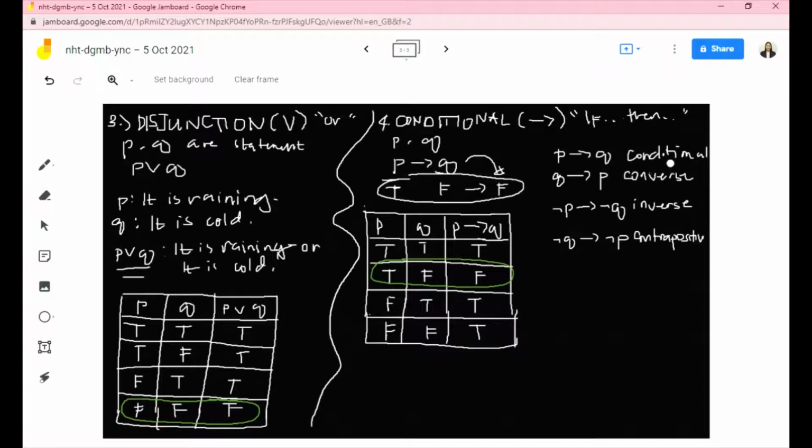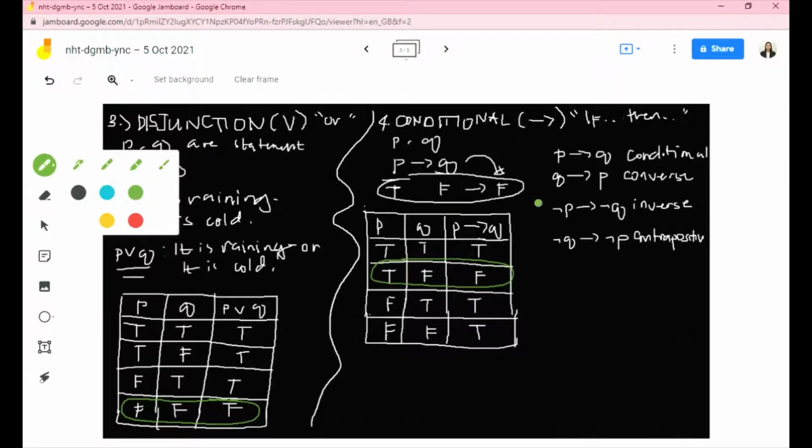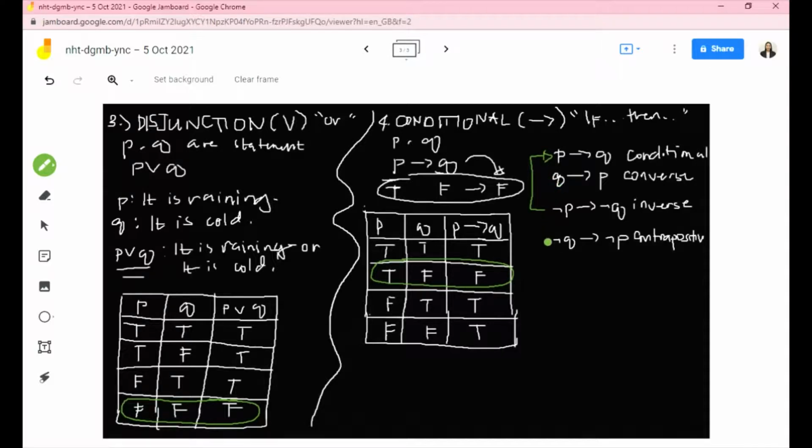Okay, so again, the original form is the conditional, that is P implies Q. Now, we change the places of P and Q, then that becomes the converse. The inverse is just the negation of your conditional statement, and the contrapositive is just the negation of your converse.